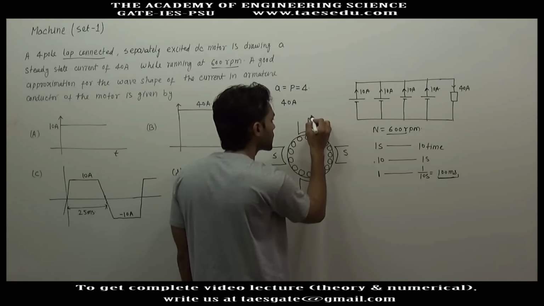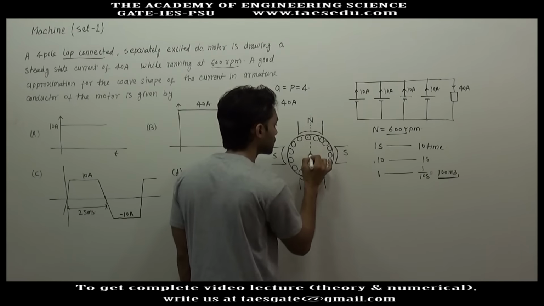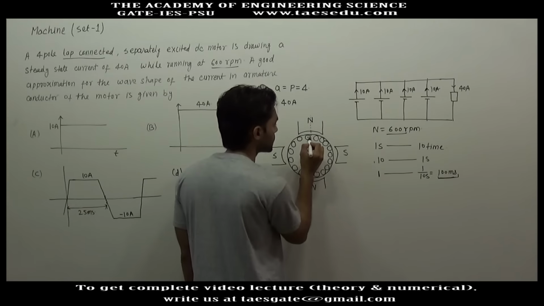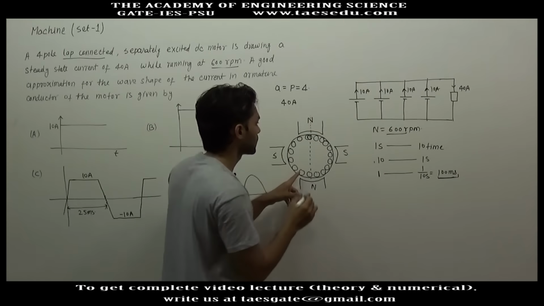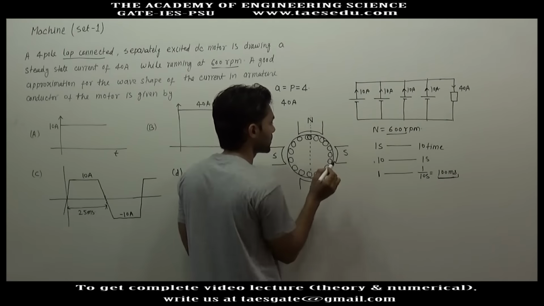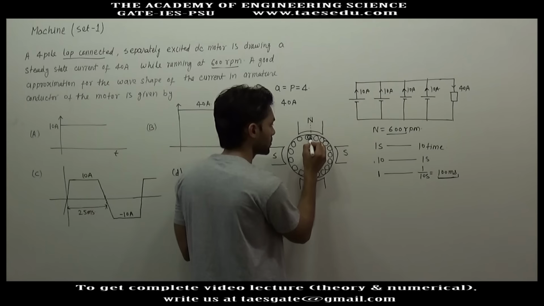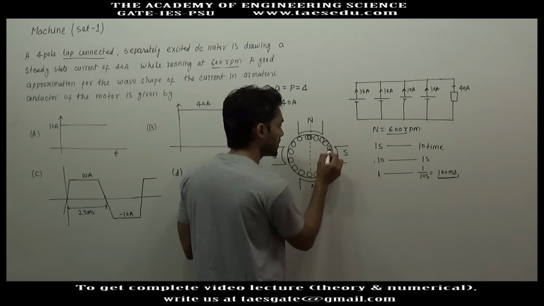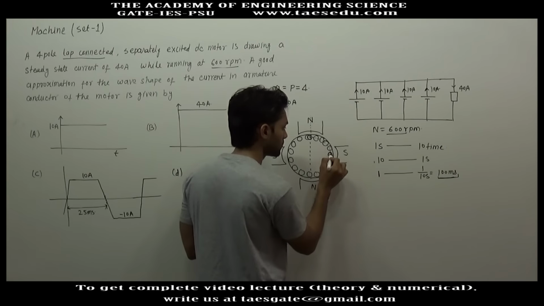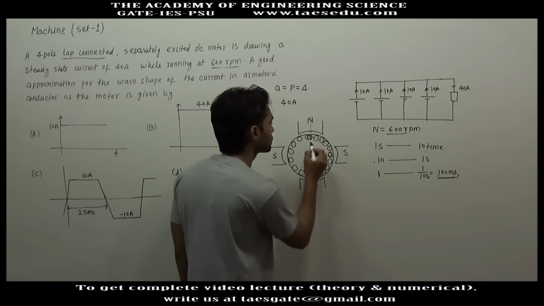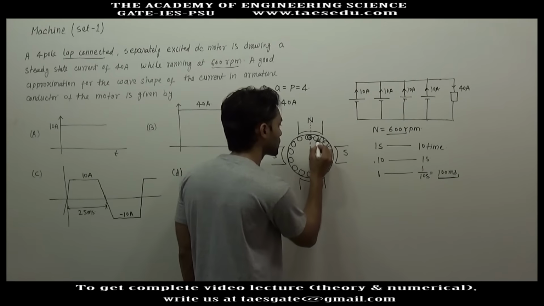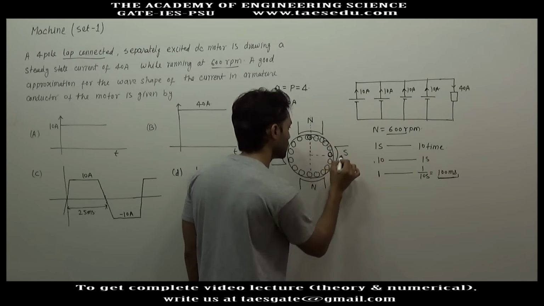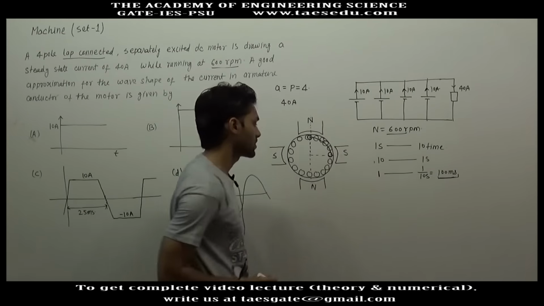What will be the time taken by this conductor? Let's say this conductor is in the complete influence of north pole. So what will be the time taken by this conductor to get into the complete influence of south pole? This is a 1/4 rotation.